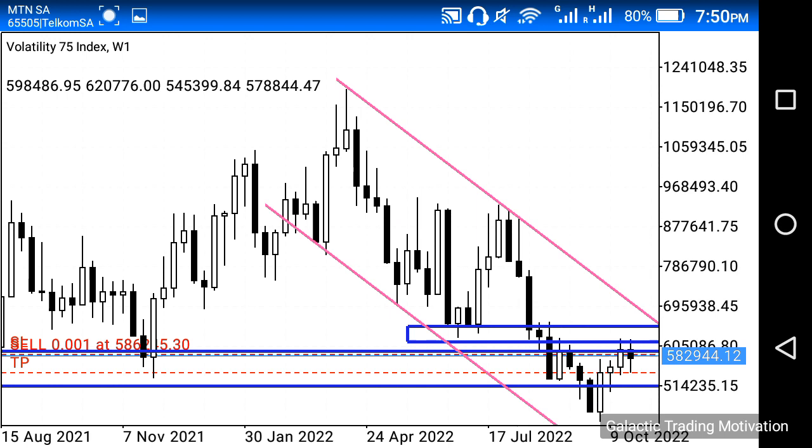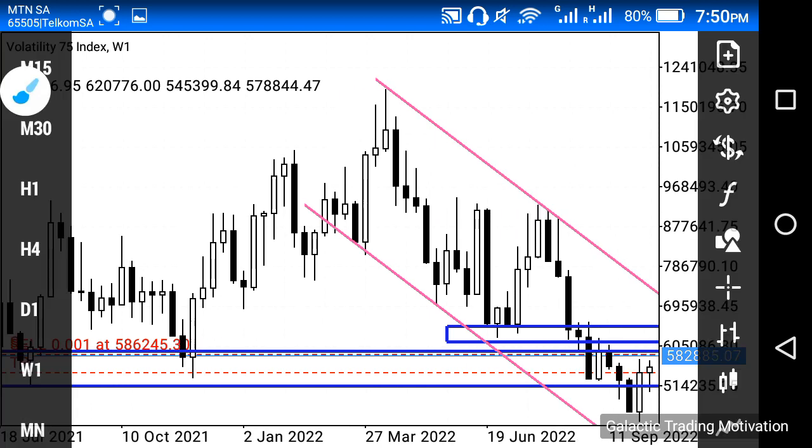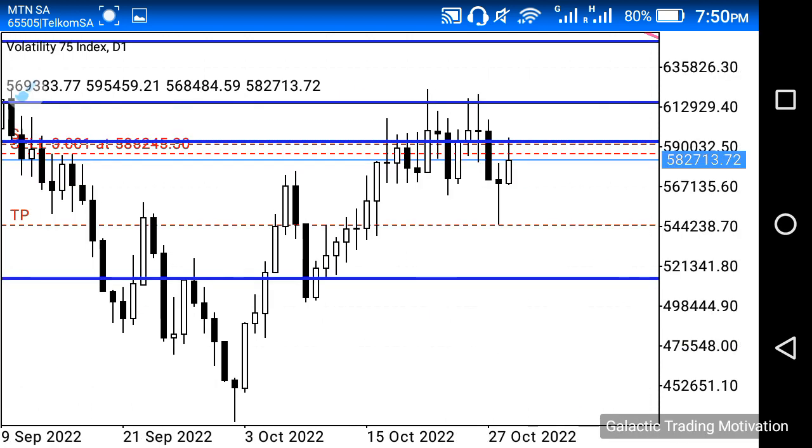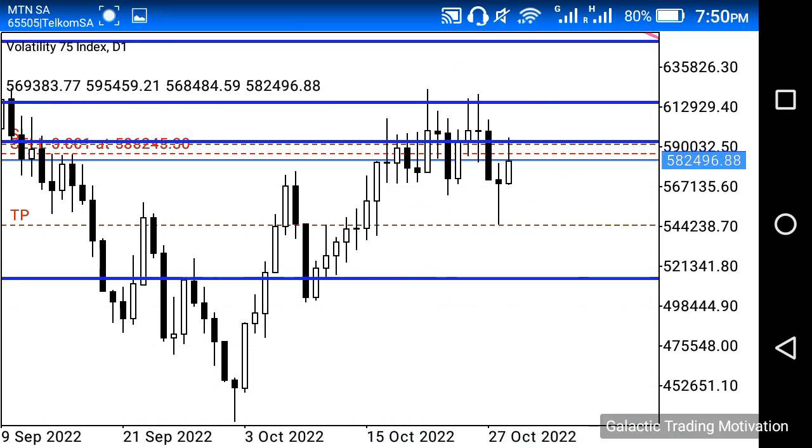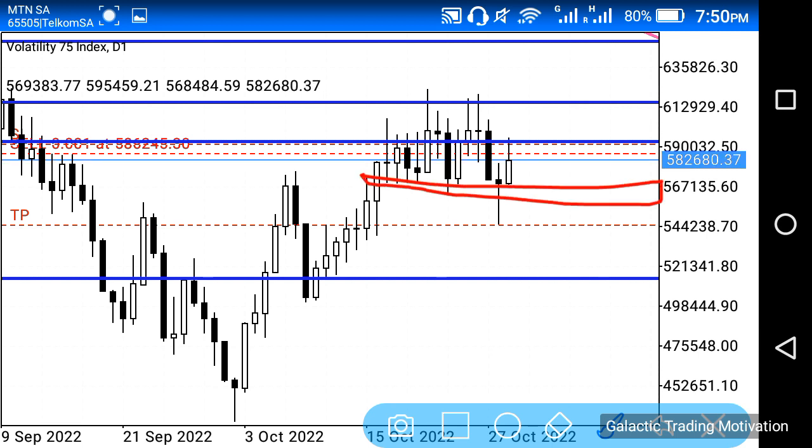So just to go back to the daily chart, yes, we should indeed be looking for potential selling opportunities at this point. However, the safe way to do it is to wait for price to close below this area over here where we have the neckline of that M structure, and then wait for the market to head back to that level again, and at that level is where we would sell.